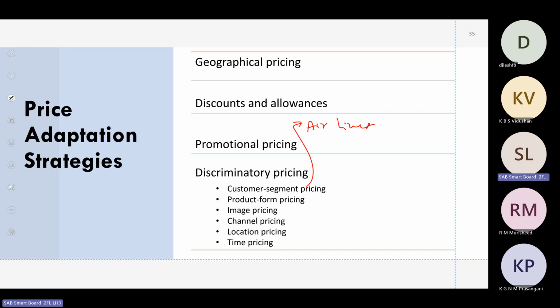Then how about product form pricing? Yes, we can take this same example based on how we are getting it. We might be paying different prices. They introduce shampoos also. Yes, yes. Simple. How about you?